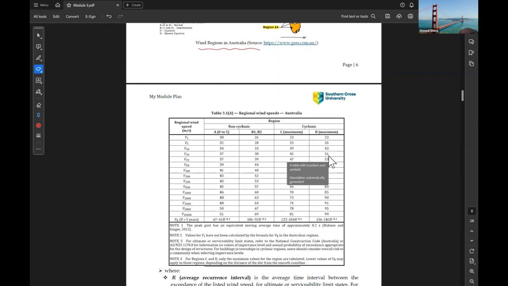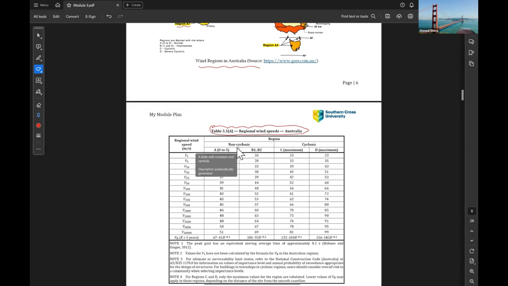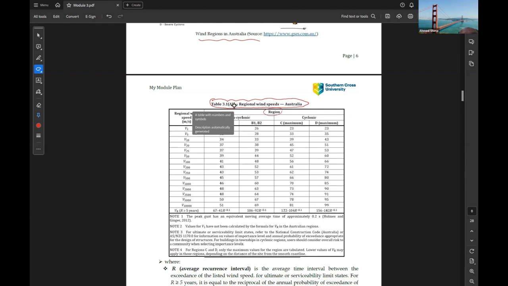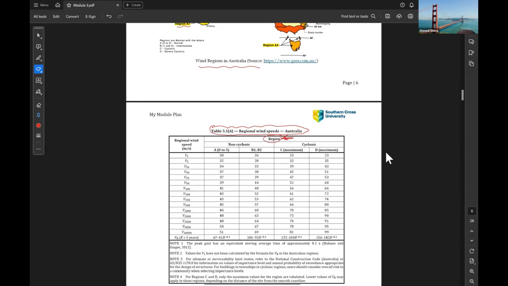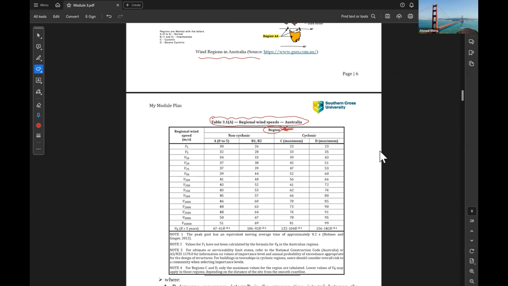And here is a table that gives us the regional wind speed. The regional wind speed is based on 2 parameters. Firstly is the region. Based on the location, you decide what the region is, and then you need to find which V to use. We have V1 up to V10,000.